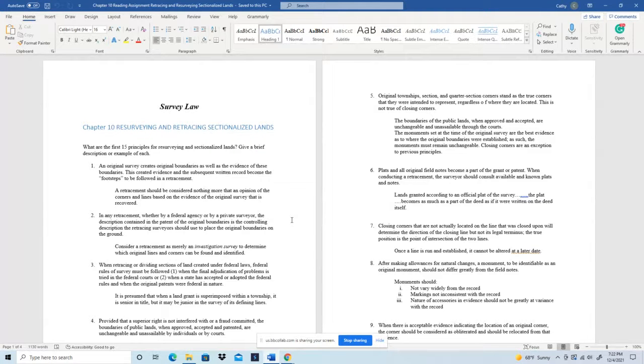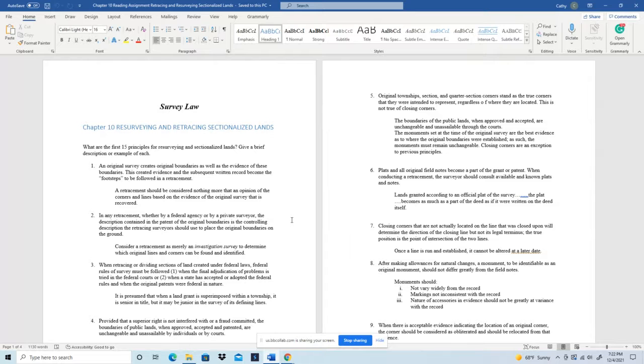Starting on page 286, principle 1, the original surveyor creates the original boundaries as well as the evidence of those boundaries. The subsequent written record becomes the footsteps to be followed.